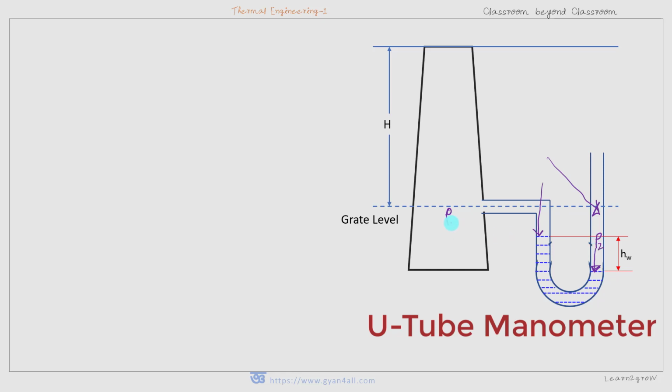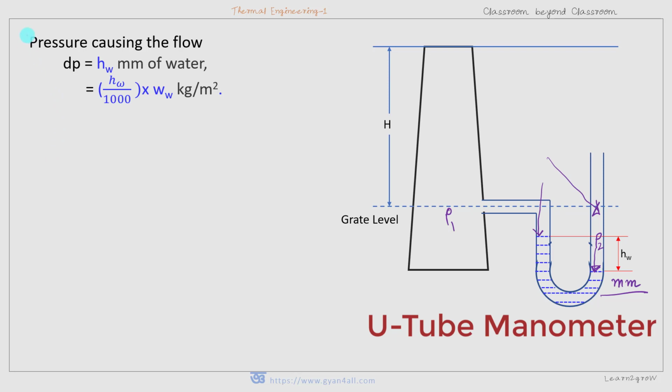So P2 minus P1 is equal to hw. We can get the reading from the U-tube manometer, say hw millimeter of water. So the pressure causing the flow, dP, is equal to hw millimeter of water.